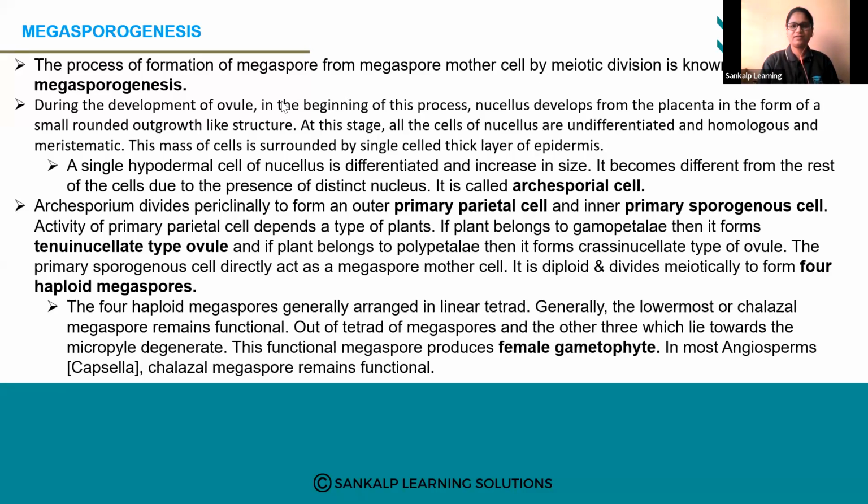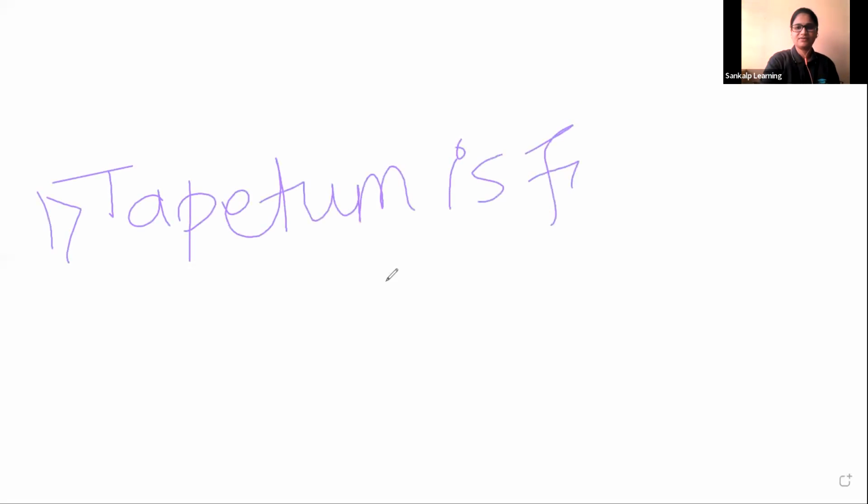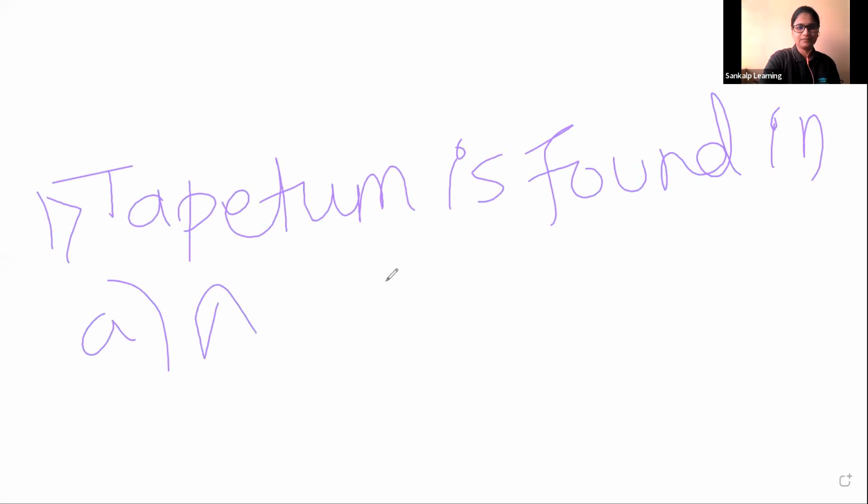The first question is, the tapetum is found in. Write down, the tapetum is found in. Option A, anther.